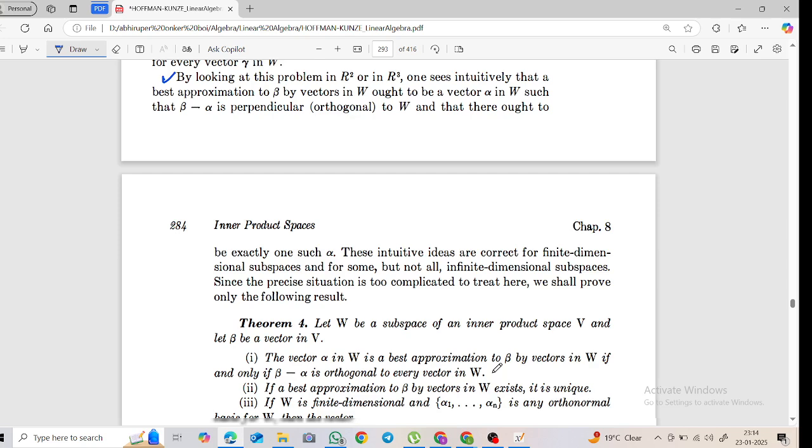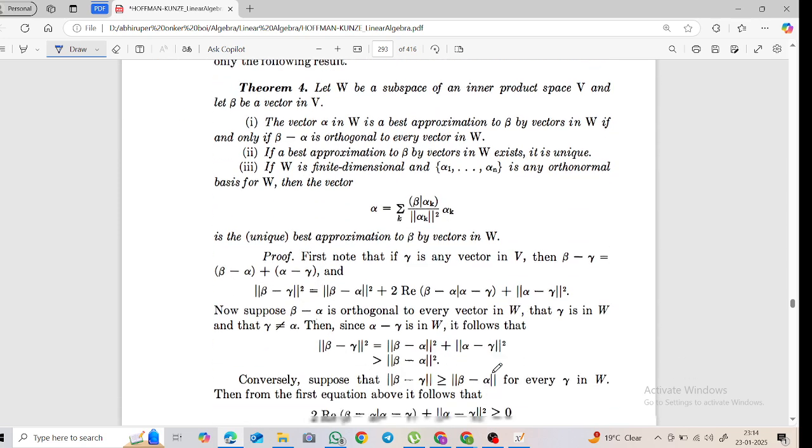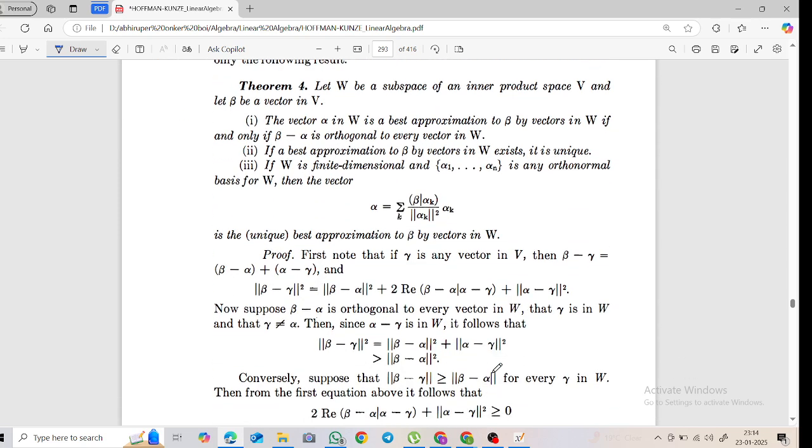Which brings us to the next theorem. The statement is: W a subspace of an inner product space V, beta any vector in V. The vector alpha in W is a best approximation of beta by vectors in W if and only if beta minus alpha is orthogonal to every vector in W. If a best approximation to beta by vectors in W exists, it is unique.